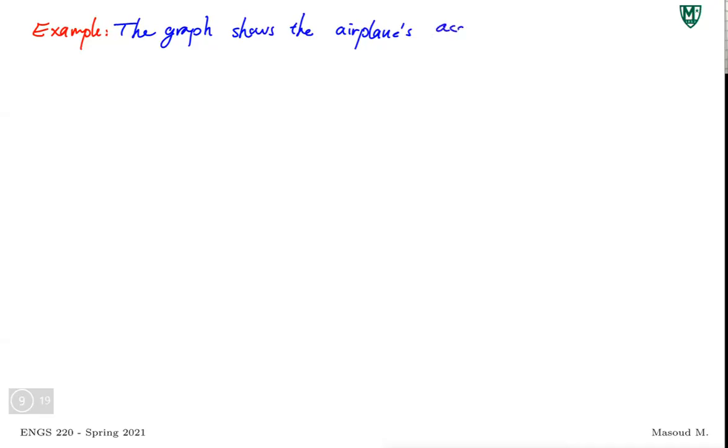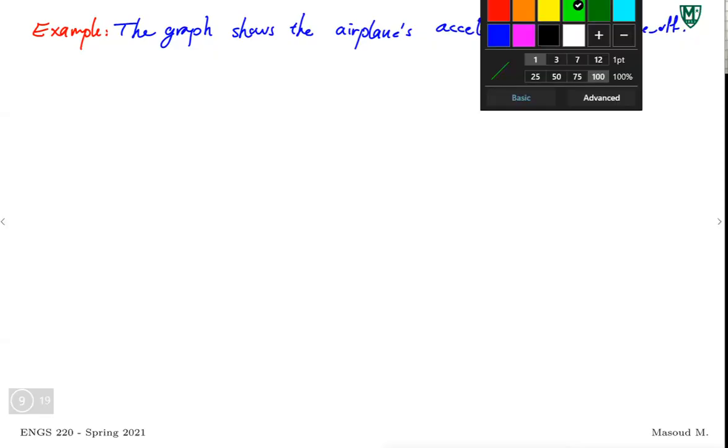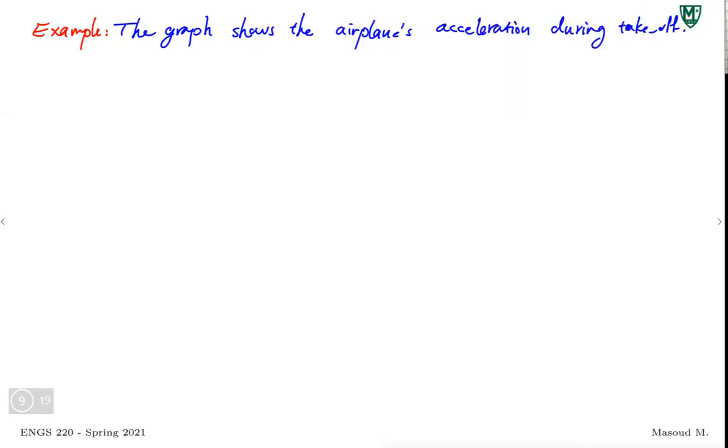The graph shows an airplane's acceleration during takeoff. Let me draw the graph here. This would be time, and this would be acceleration, so A as a function of time.